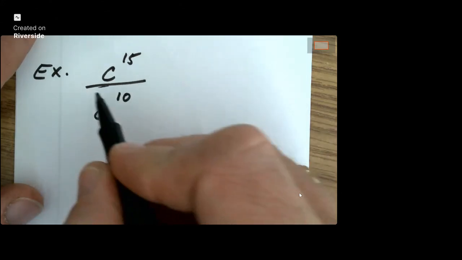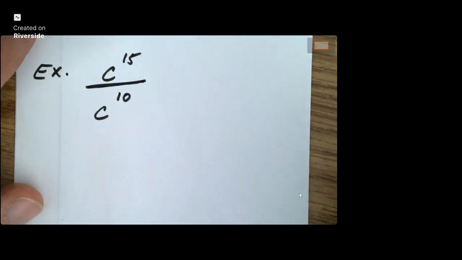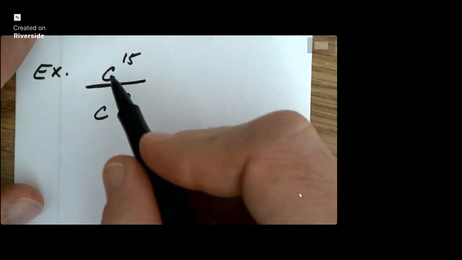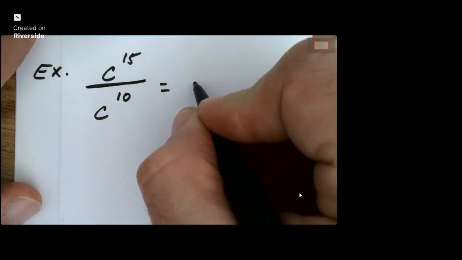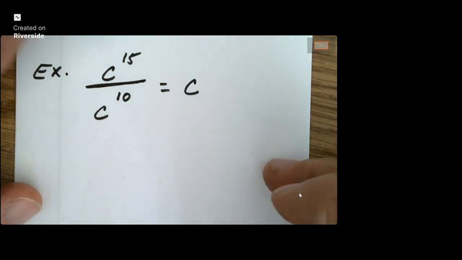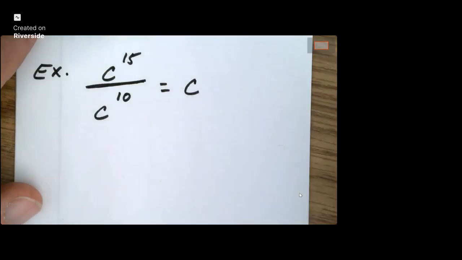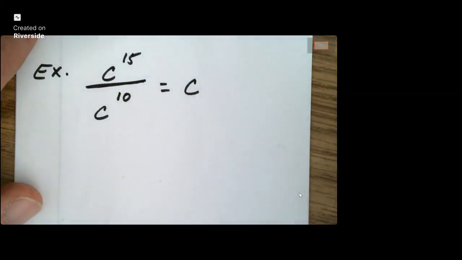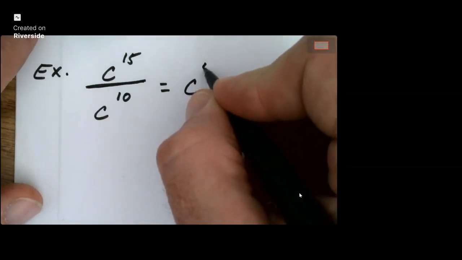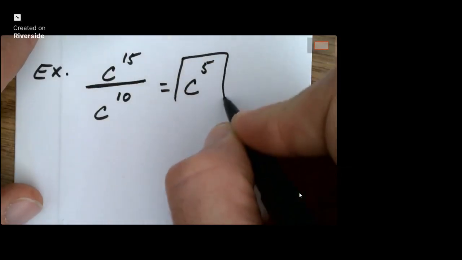We are dividing, a fraction means divide. We are dividing powers that have the same bases. The base in this case is c. So we can use the shortcut. We can take the common base c and pass it along. And our answer, at least our simplified answer, is going to have 15 minus 10 as the exponent, which will be c to the power 5, right?